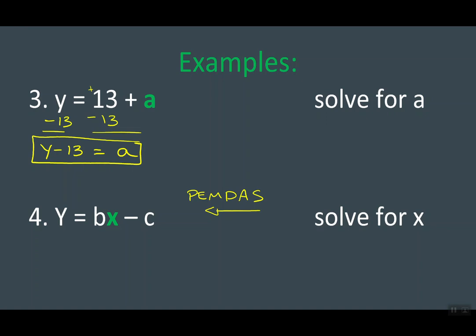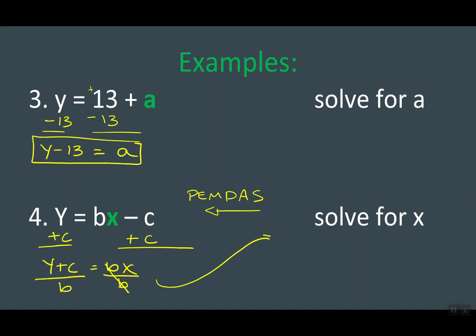So we're going to add and subtract before we multiply and divide. So that means I'm going to add c to both sides. And then I'm going to divide by b. So then my final answer should look like this. y plus c over b equals x.